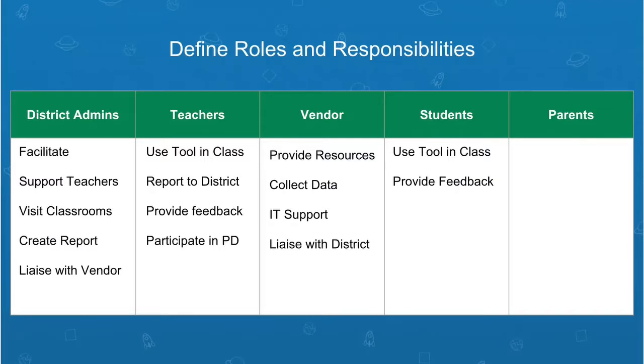And the parents, because we have such a young audience, we want to make sure that we're getting the parents involved as well. We need to make sure that their privacy concerns are being respected, and so sending home a permission slip that says yes, my child has permission to participate in this experiment, and assuring them that no personal information is going to be shared or published, and no information that will identify them is going to be made public or available to any vendor or anything like that.